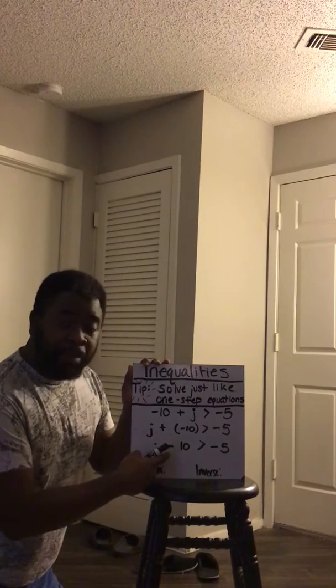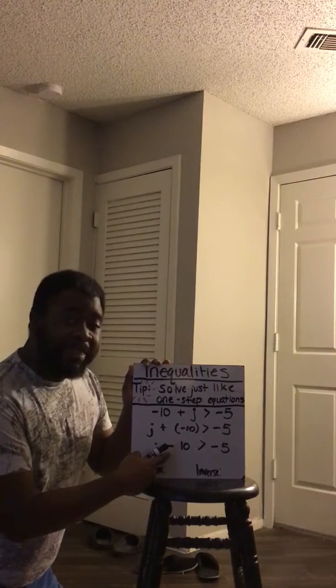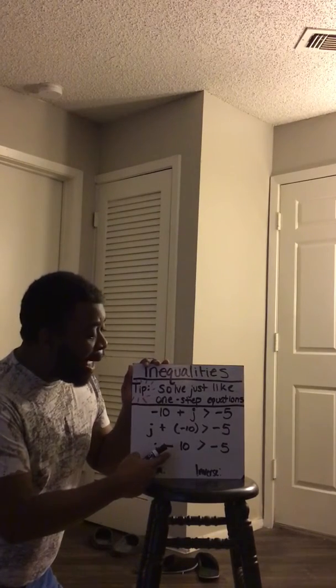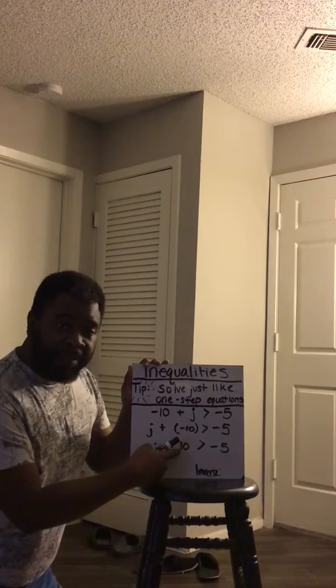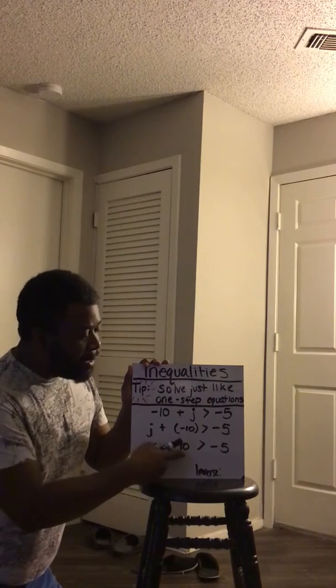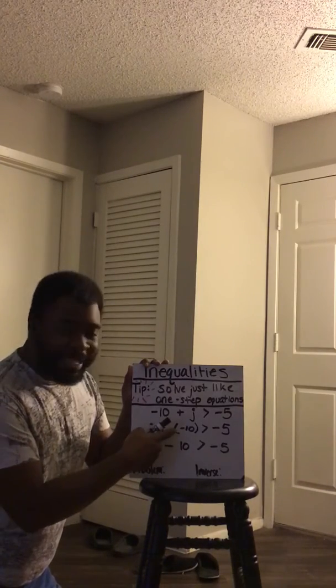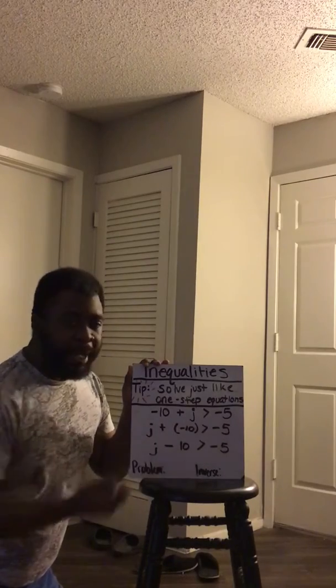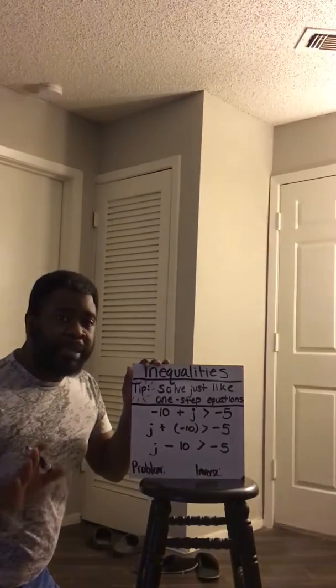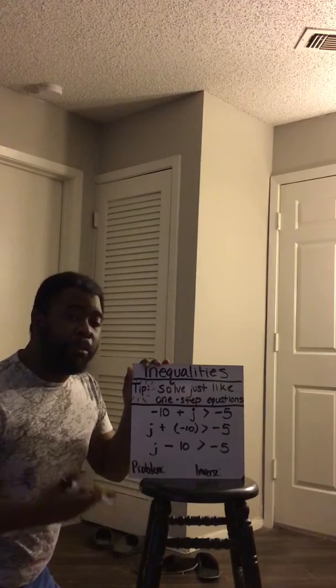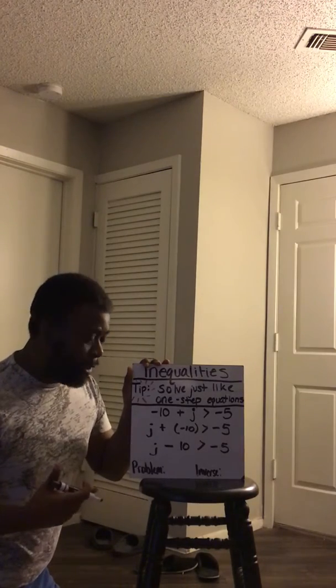Remember, subtraction means you're just adding the opposite. So j minus 10 is the same as j plus the opposite of 10, which is negative 10. So j plus negative 10 is greater than negative 5. I just want you guys to get that clear, so rewriting the problem can sometimes make it easier.